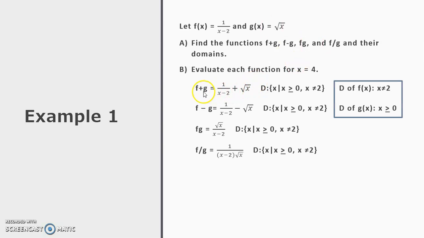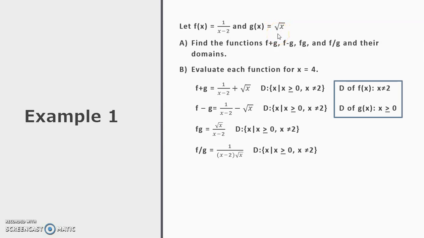Okay, so for f plus g, I just did 1 over x minus 2 plus the square root of x. That can't really be simplified, so that's all it is. For f minus g, I just did 1 over x minus 2 minus the square root of x. And again, that can't be simplified, so I'm just going to keep it. F times g, I just simplified by doing 1 over x minus 2 times the square root of x over 1.